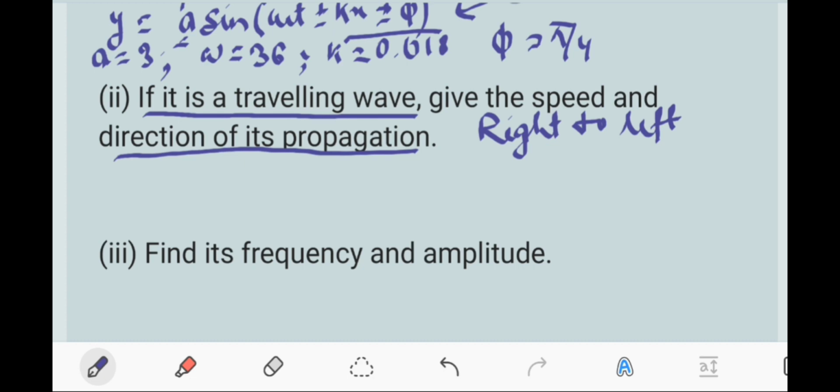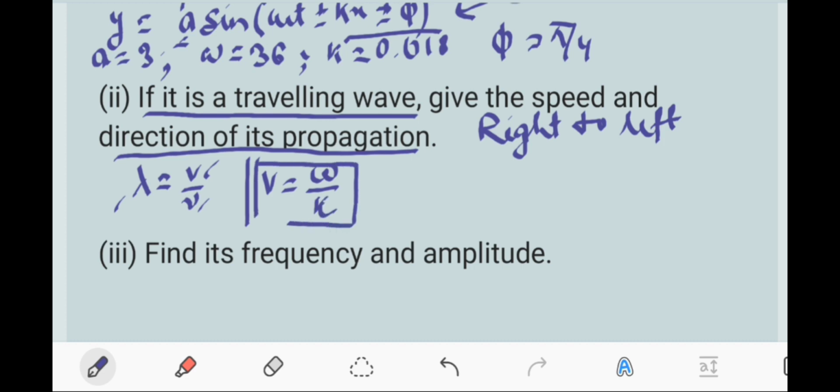We know the formula, that is lambda is equal to velocity upon frequency. And since we don't have velocity, frequency or lambda, we need to find some other thing. We know another formula for finding velocity, that is v is equal to omega upon k. Remember this formula.